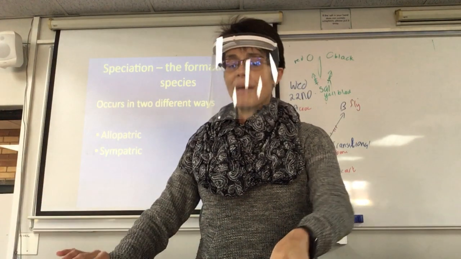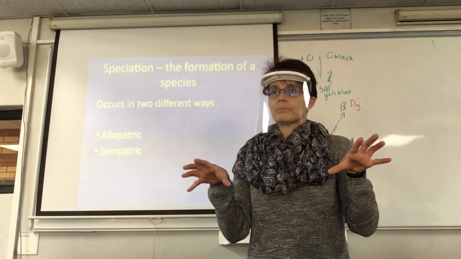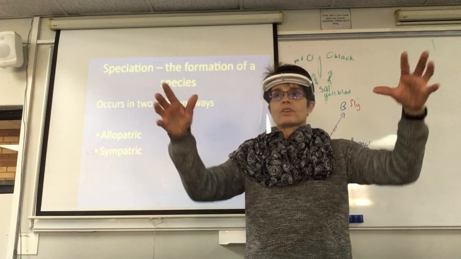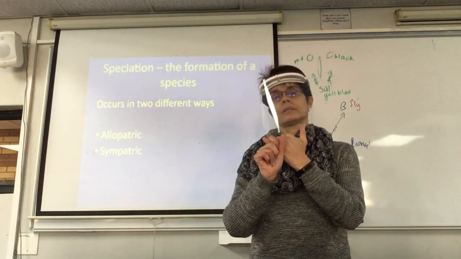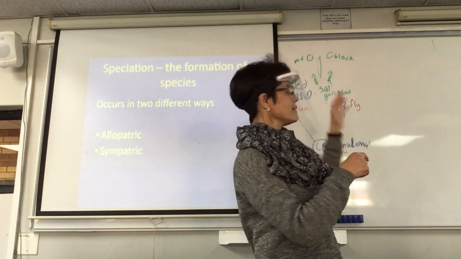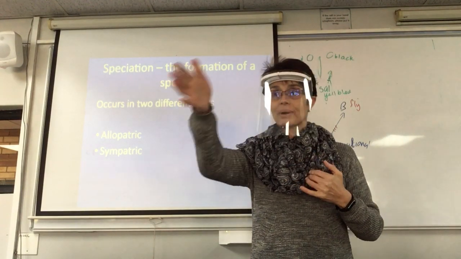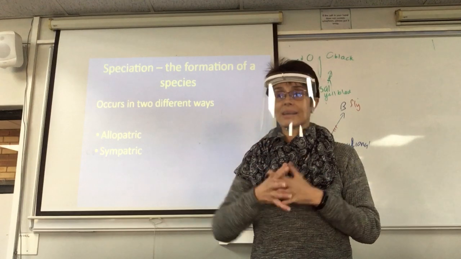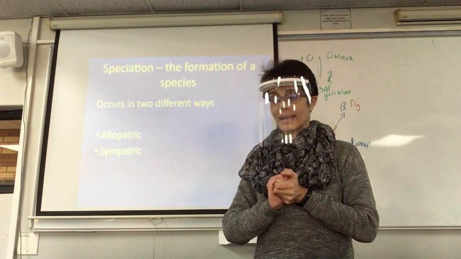What other geographical barriers could there be to isolate populations of the same species for long enough that they could become new species? So I said mountains, or even valleys. There was a valley there as well. What else, guys? Seas, Galapagos Islands, away from the mainland, from South America. What else? Those finches became geographically isolated.